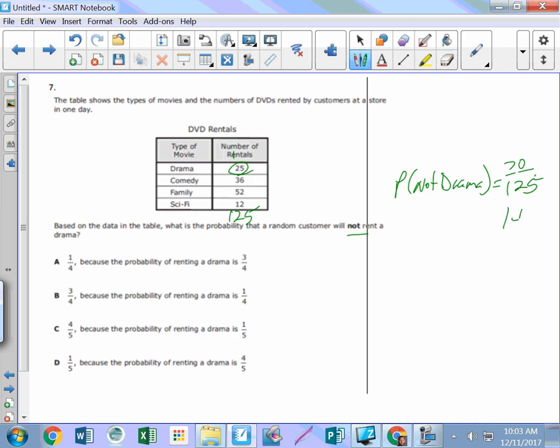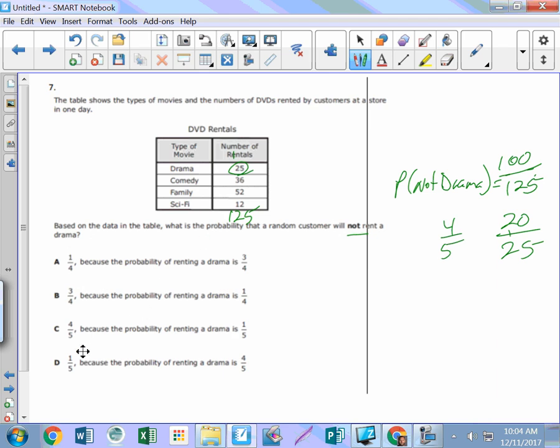So 14. 125 divided by 5 is 25. 14 to 25. Still can't do anything. Let me see what we got going on. Having a rough day. This is 100. So that's 25. And this is 20. Reduce that again. That's 4 over 5.